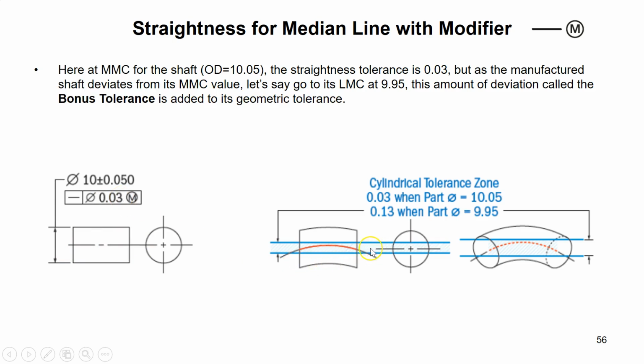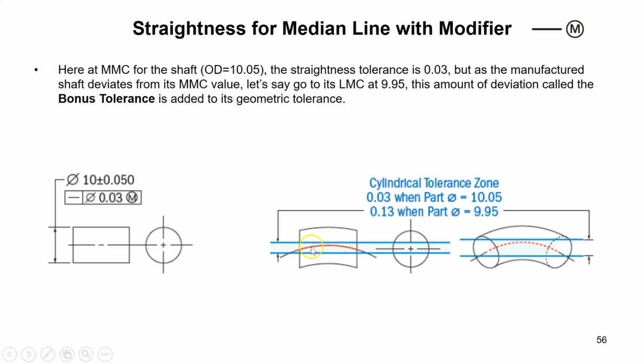If I have the theoretical median line, and I draw two lines parallel to it where the gap between these parallel lines is 0.03, then any point of this bent median line, which is not straight anymore, should fall inside the tolerance zone.